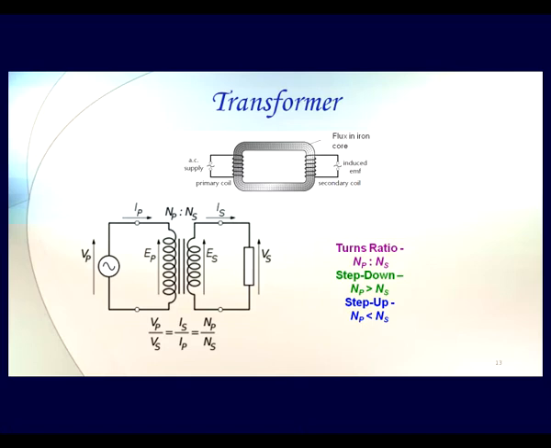So if we have more primary turns and fewer secondary turns, we have lesser voltage in the secondary, and so it is called a step down transformer. We are stepping down the voltage from 230 volt AC to a lower value, which is equal to NS upon NP times V input.